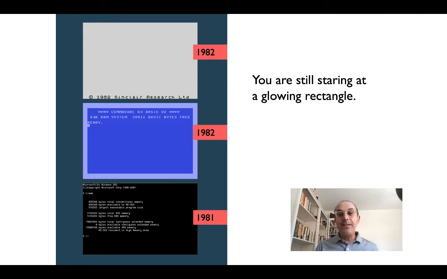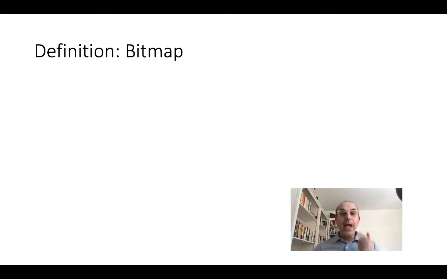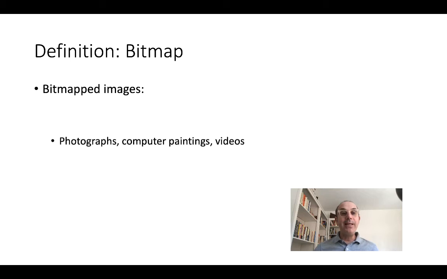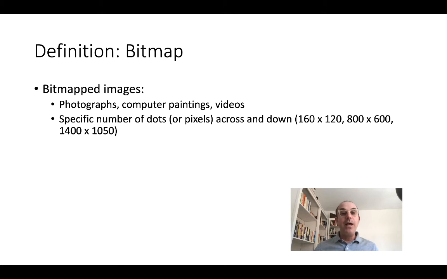So we have bitmaps and vector. Bitmap is usually applied to photographs, computer printing, and videos, with a specific number of dots, which is really important, across and down.